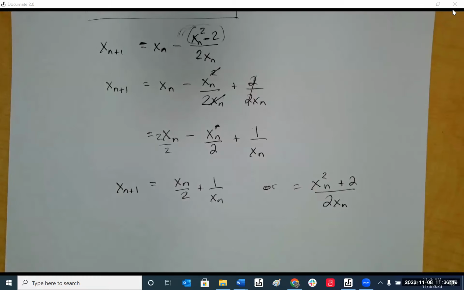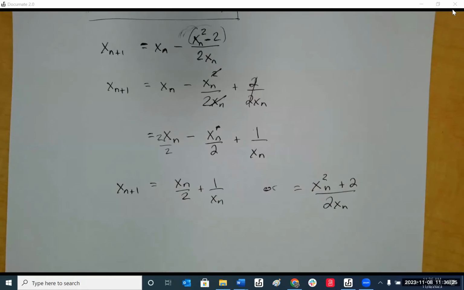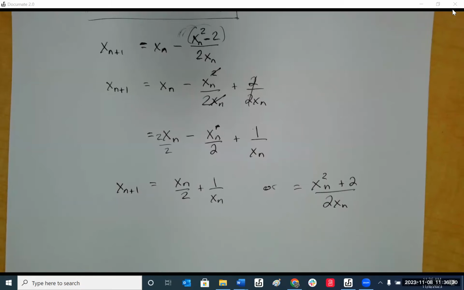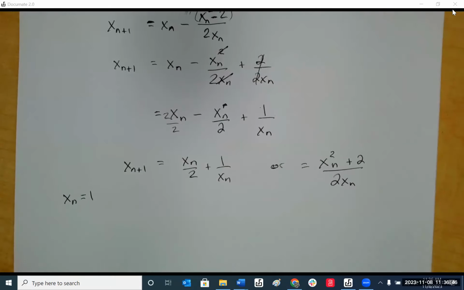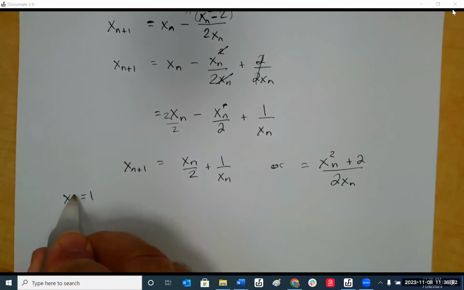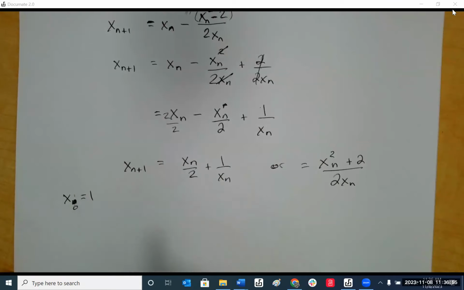So here's where we start. Now, what is our first value we're going to begin with? We can't use 0 because the bottom has the xn. So we start with xn equals 1. Let's see what happens there. So our initial value, x sub 0, we're going to say equals 1.